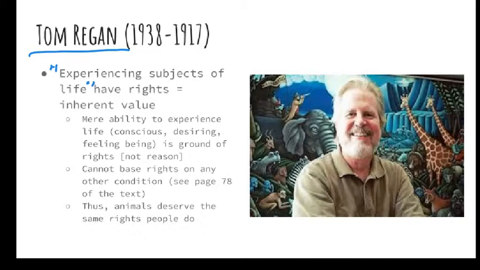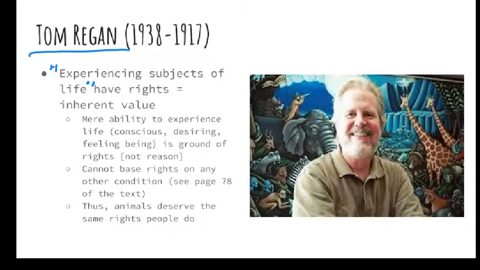So what Regan is arguing here is really interesting. Somebody like Kant argued that people have value because we're rational. Aristotle also said, hey, look, we're rational beings. We have a will. We can control our actions in the way animals can't. And that's what gives humanity their dignity.